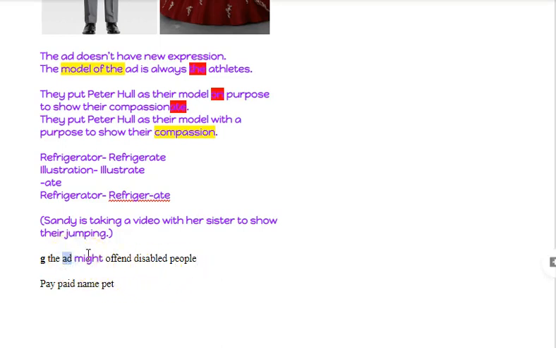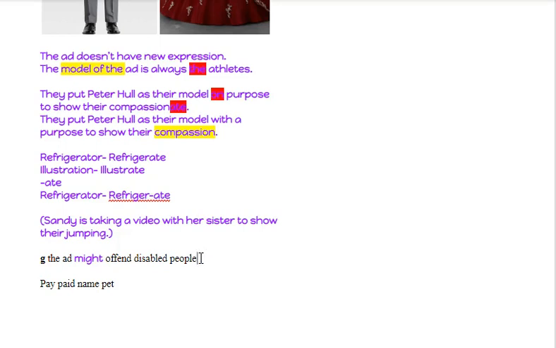As you can see, ad is actually our topic: advertisement, advertising. That is accurate because it fits the sentence. And then try to check the aid. The aid might offend disabled people. Do you think that one fits the sentence?